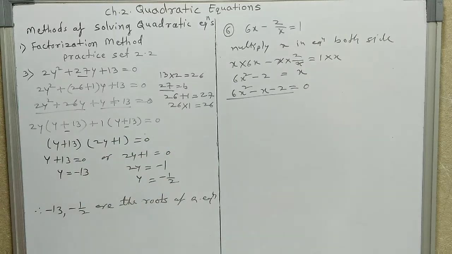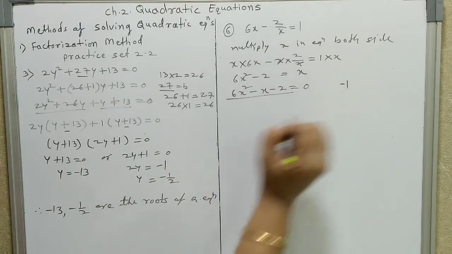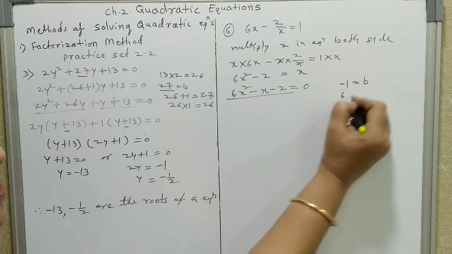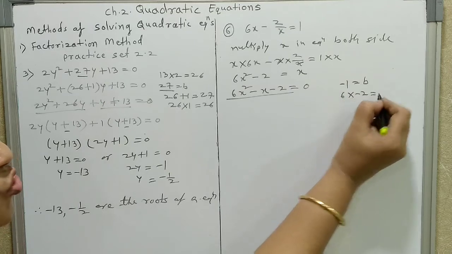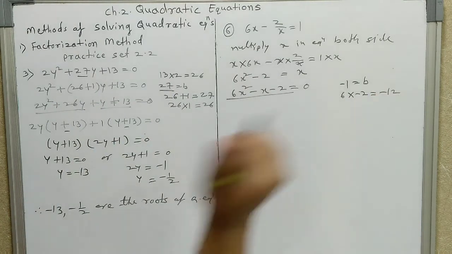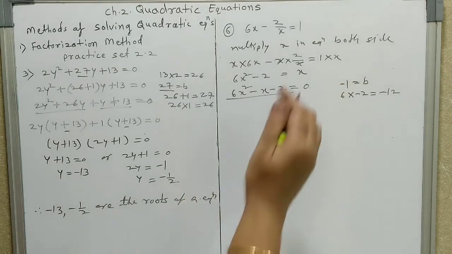Now this is the standard form of the equation. Now see here, the middle part is minus 1. This is b. And here a is 6 and c is minus 2. So the product is minus 12. This is our multiplication of b1 and b2. So we form minus 12 as the multiplication and minus 1 as b, the middle part.